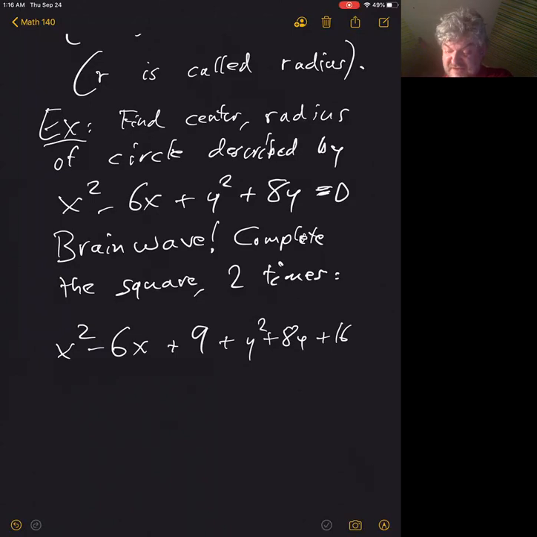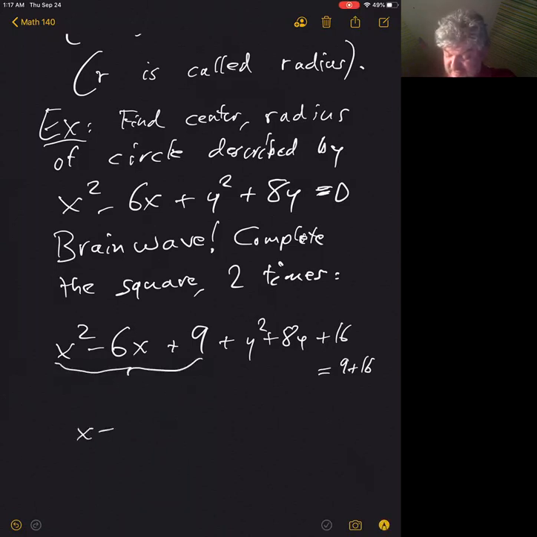But that changed the value here. We just can't add willy-nilly a 9 and a 16. So we add the 9 and the 16 to the right-hand side as well. And then we've got an equivalent relation. It describes the same points in the plane.